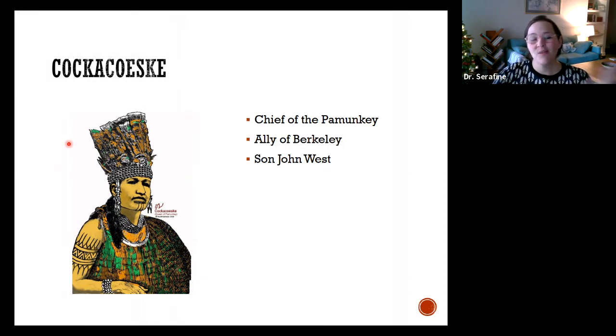So the Governor's Council makes sure that his friends keep all that good land, and they're the ones becoming wealthy from the beaver trade as well. Cockacoeske is an ally of Berkeley because it benefits her. It benefits her to ally with Berkeley, to work on this beaver trade, and to fight against her enemies like the Doeg tribe. So she's built an alliance with Berkeley because she's got her own stuff going on.